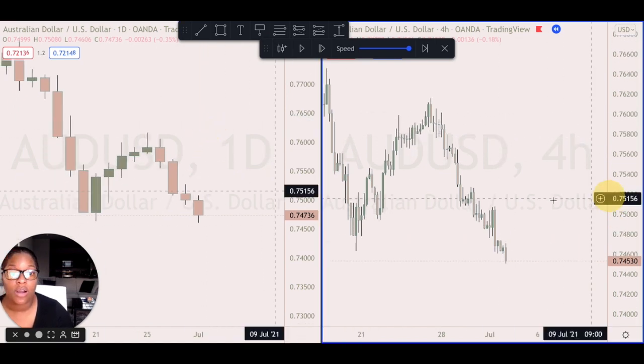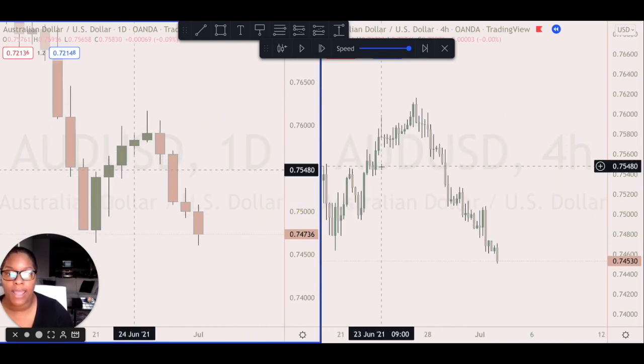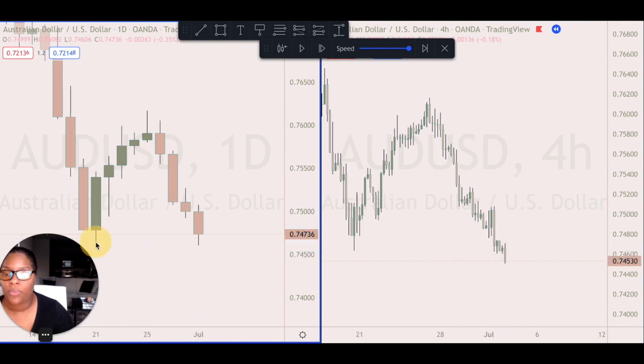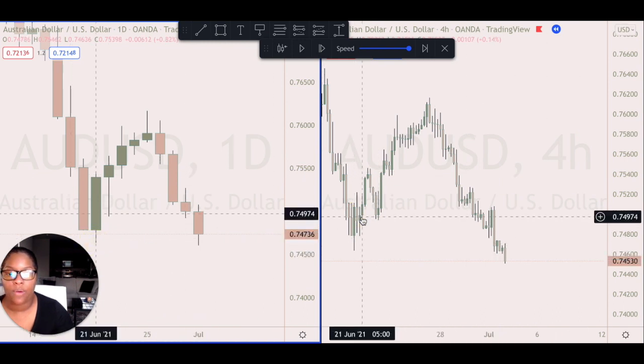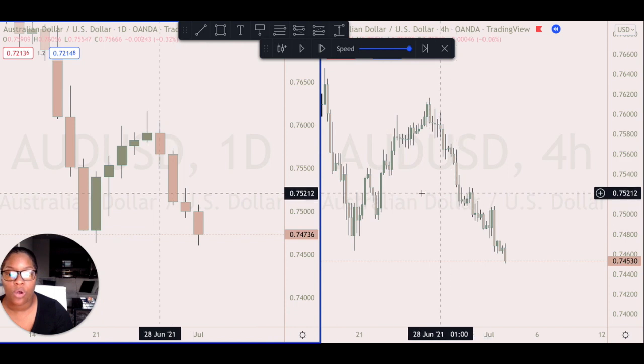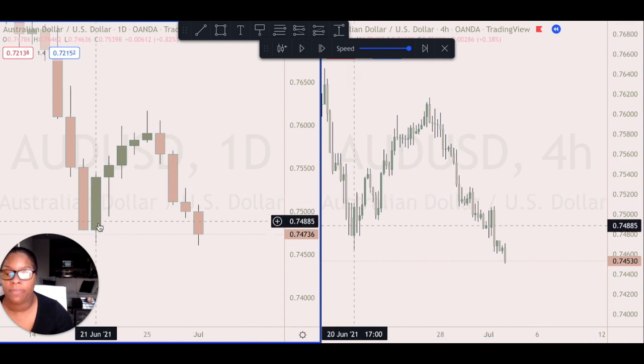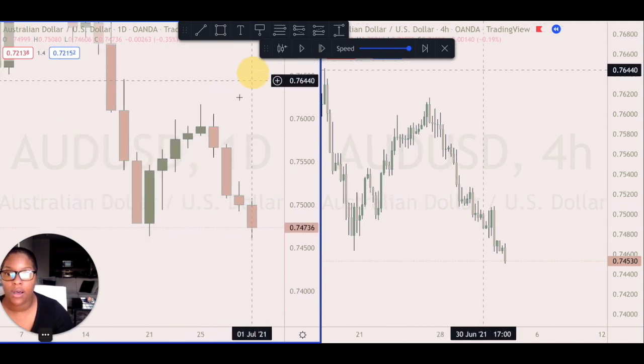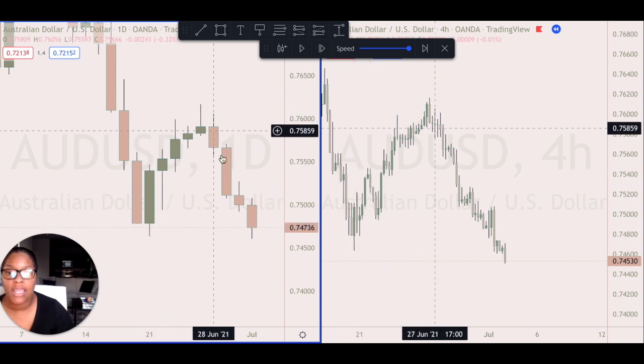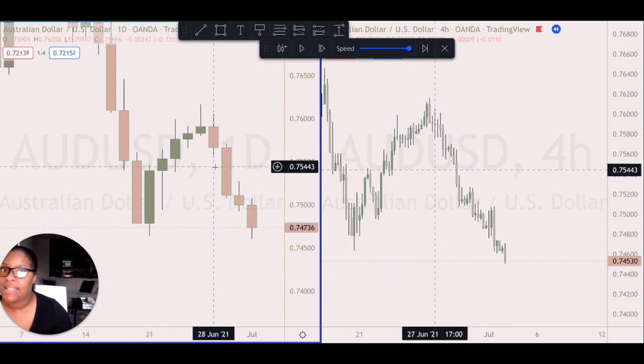So these are the same areas, right? As y'all can see here, let's start with the daily, because the daily and the 4-hour are going to be the same area. As y'all can see, my crosshairs are literally in the same places. So we can see that price went up and then it ends up going down. But it's not just that price went up and went down. It's what happened when price went up. It's what happened when price went down.